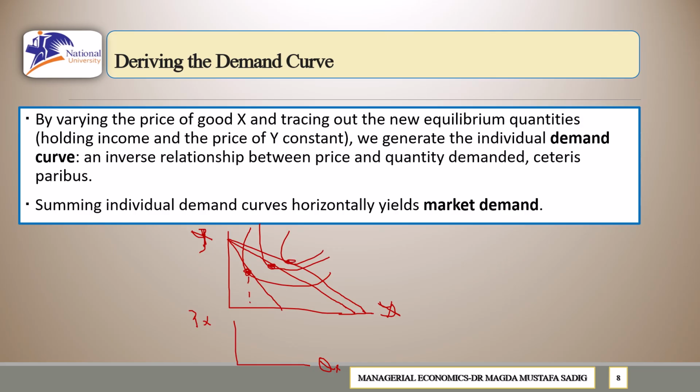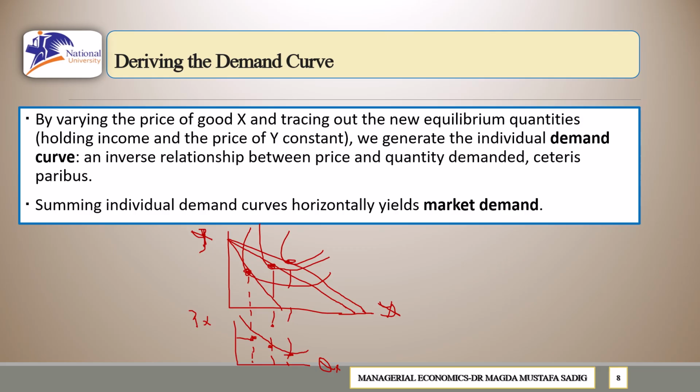So if you go like this, and this is price 1, for example, and let us say this is price 2, and this is price 3. If you connect those, you will get the demand curve.